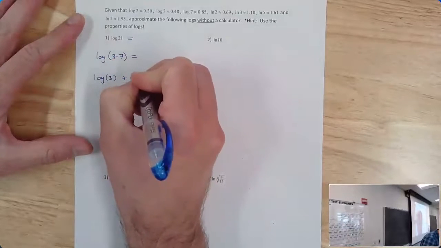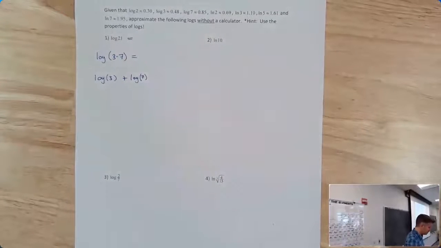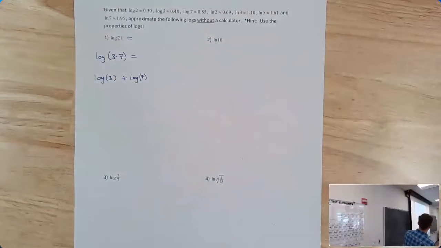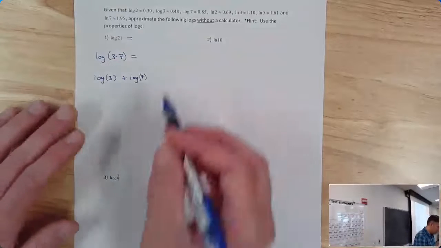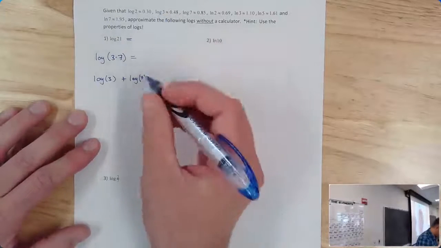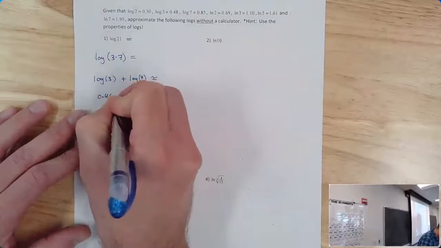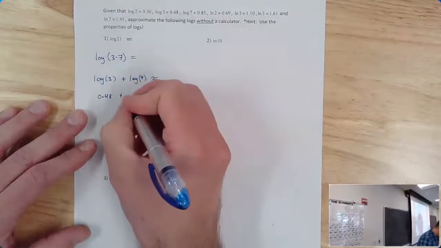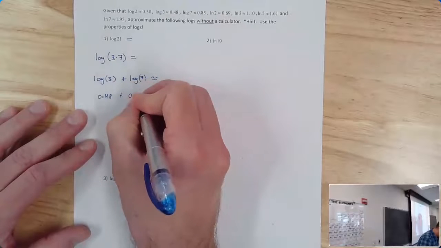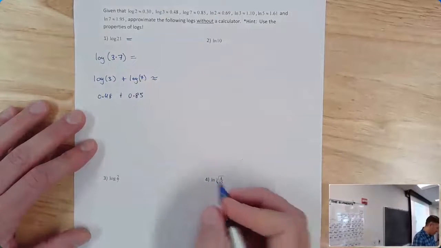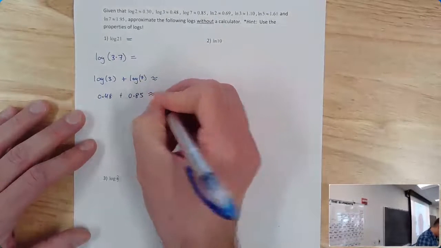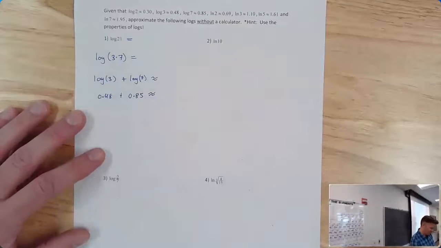And again, that's log base 10 of 3, log base 10 of 7. And then we have each of those things in our list. We know that log base 10 of 3 is approximately 0.48. And log base 10 of 7 is approximately 0.85. And if we add those together, we get approximately, what, 1.33, I think? Yeah.